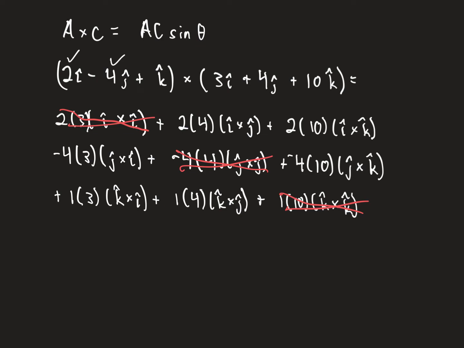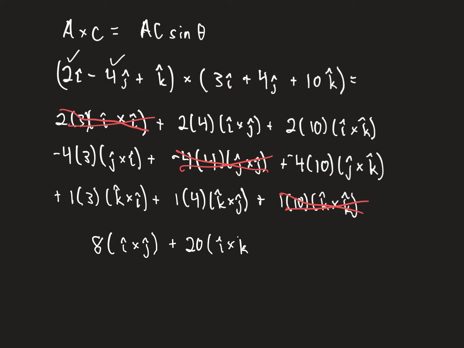It's very much like tic-tac-toe. Okay, so now we can multiply some of these numbers together. We can do 2 times 4. That gives me 8, but I still have to do this cross product, i cross j. I do 2 times 10. That gives me 20, i cross k.